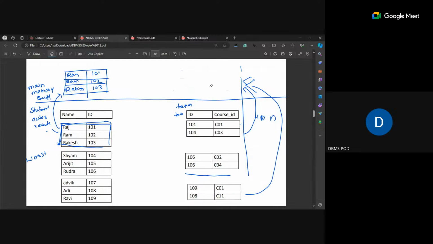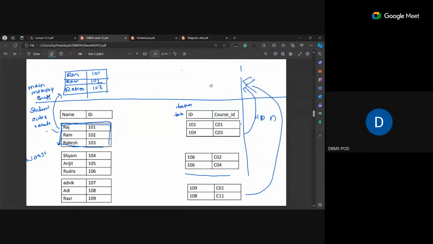Sir, is there any cost involved while sending this leftmost block to the buffer? We are moving this left block, ID and course ID, to the buffer one by one. Is there any cost involved? The cost is the time required, right? We want to minimize the time.